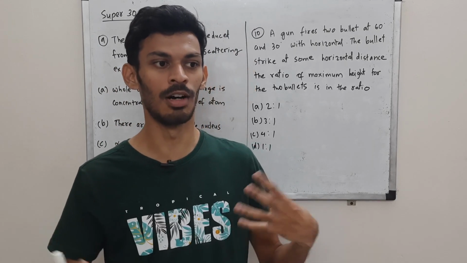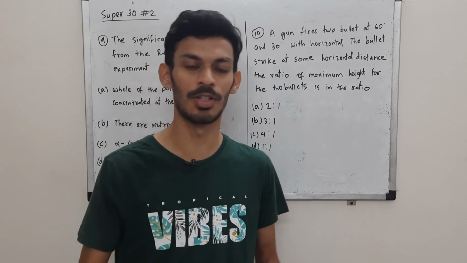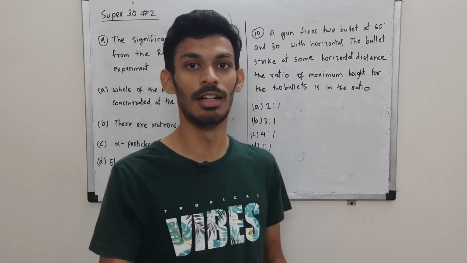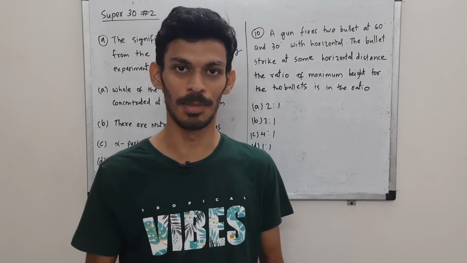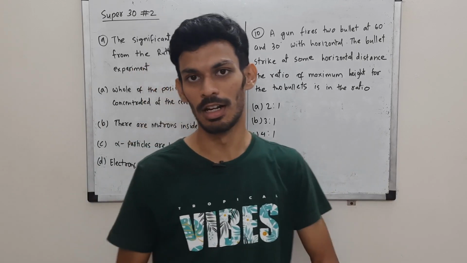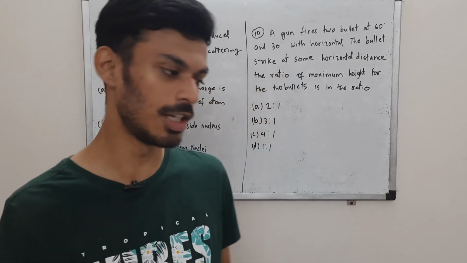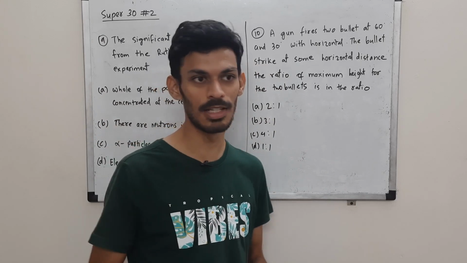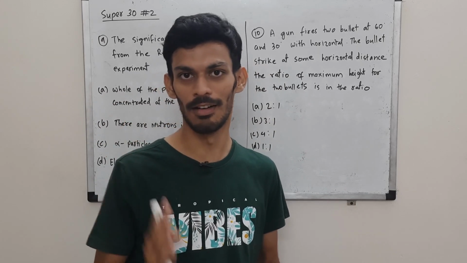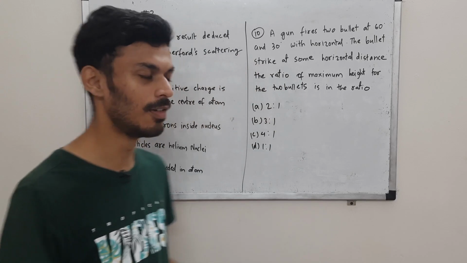So for the purpose of theory, BITSAT becomes a syllabus completion game. That's why you are supposed to cover more syllabus for BITSAT than for JEE. So complete your syllabus well and know the theory very well. At least one question will be theory based.